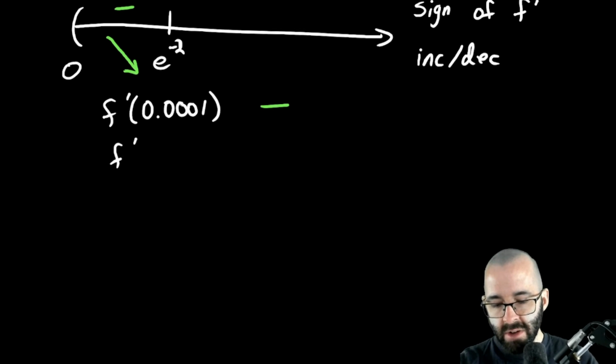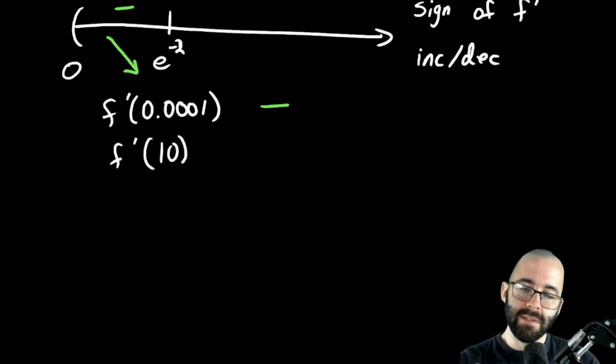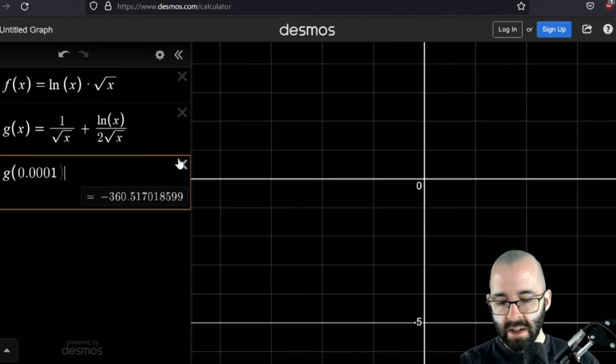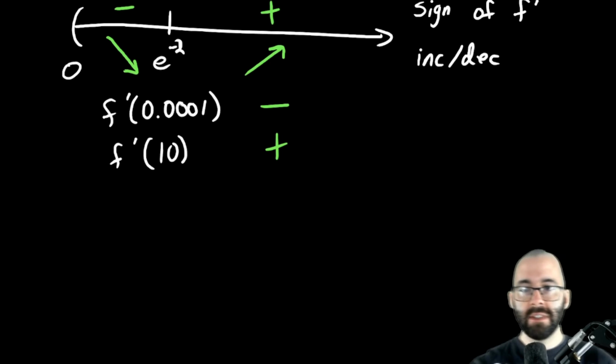What is the value of the derivative to the right of e to the negative 2? And again, if you don't feel like calculating what e to the negative 2 is, you can just pick a number that's pretty big. F prime of 10 is a positive number. It means everywhere in this interval, our original function is increasing.